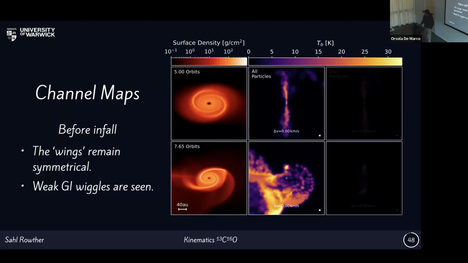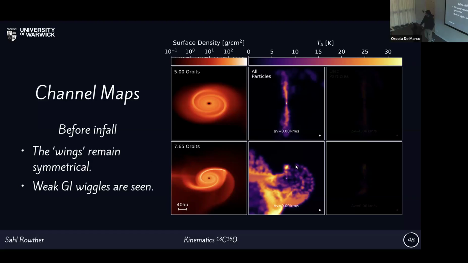Finally, we look at the kinematics, starting with the channel maps. The left panel shows surface density just for comparison. The middle panels show the channel maps that were calculated using all the particles in the simulation. Before infall, as expected from previous work, we see global deviations in these two wings, the GI wiggle, and they're also quite symmetric.